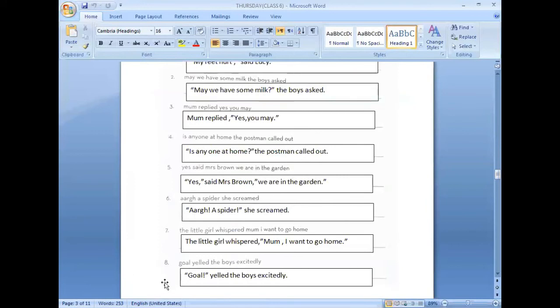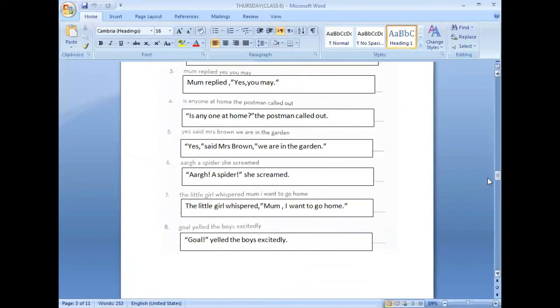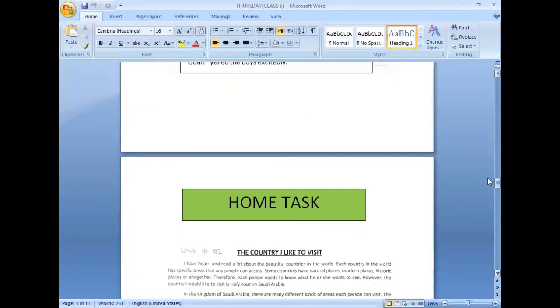You got it? Again in number 8: "Bold, yes," the boys excitedly. Now excitedly shows exclamation. So inverted commas open, bold, exclamation mark, and inverted commas closed, yelled the boys excitedly. Hope you understand the direct and indirect speech.